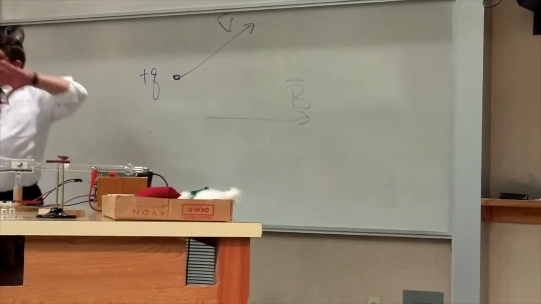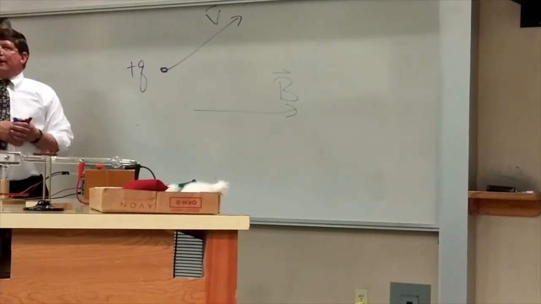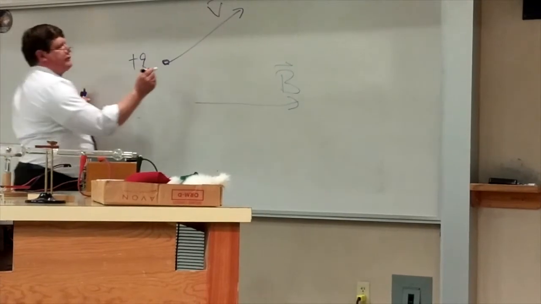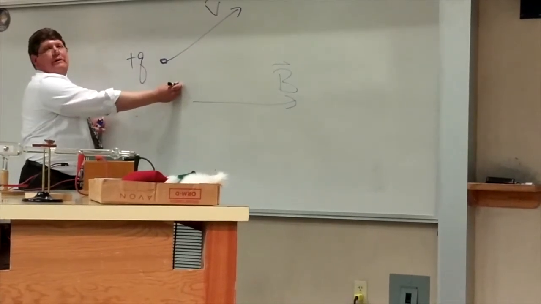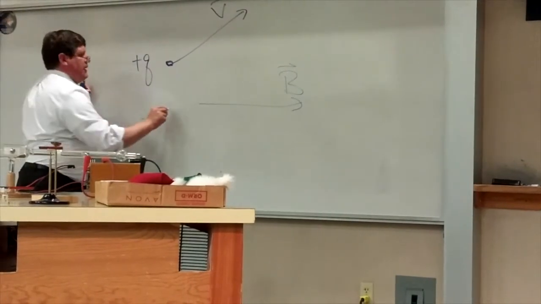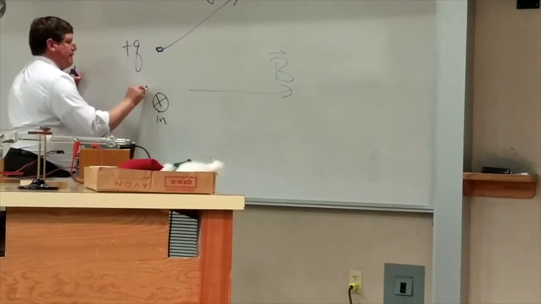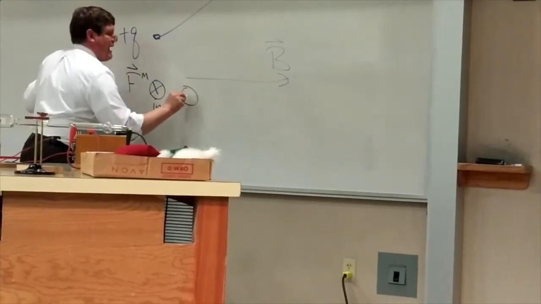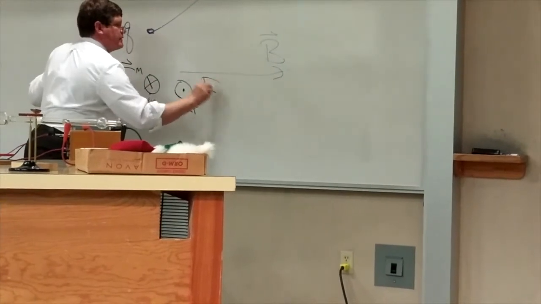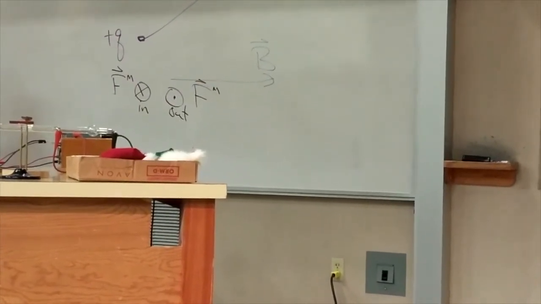Now these two vectors define a plane, the plane of the whiteboard. And the only way that force can be perpendicular to both of them is if it is perpendicular to the whiteboard. So the only possible directions for this force are into the board or out of the board. It's going to be one of those.